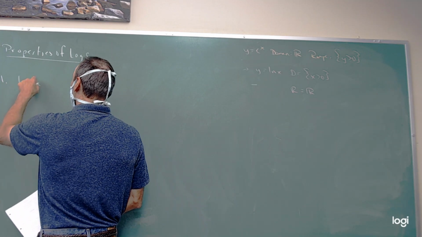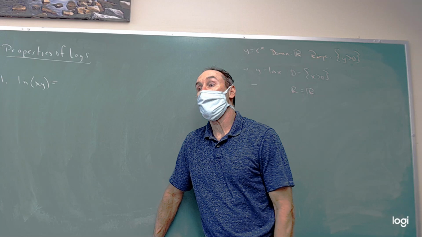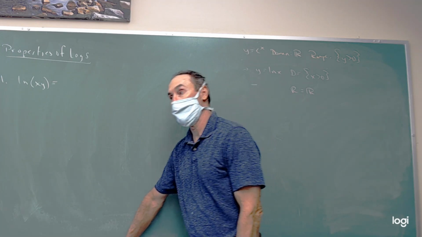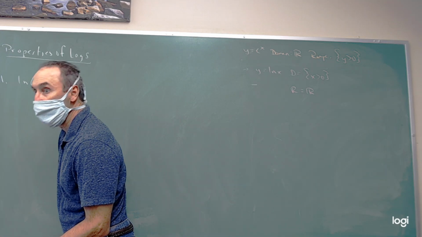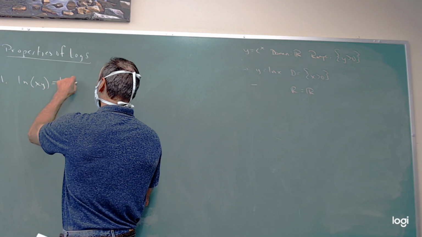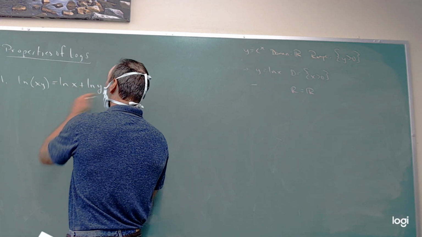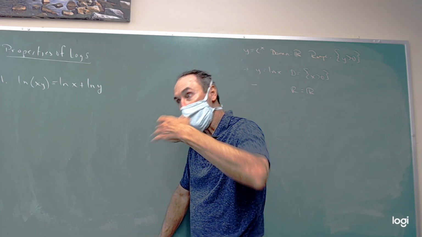So the natural log of x times y, we can break apart, or we say expand, into what? Natural log of x plus natural log of y. Yeah, exactly. So we say the log of a product is the sum of the logs. And we sometimes go the other way around.